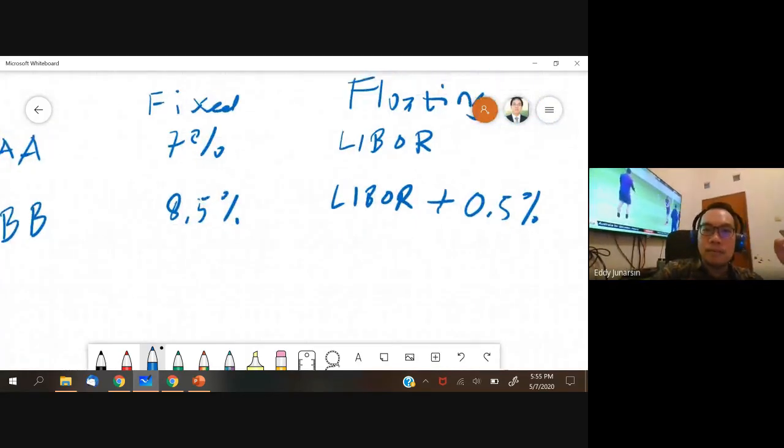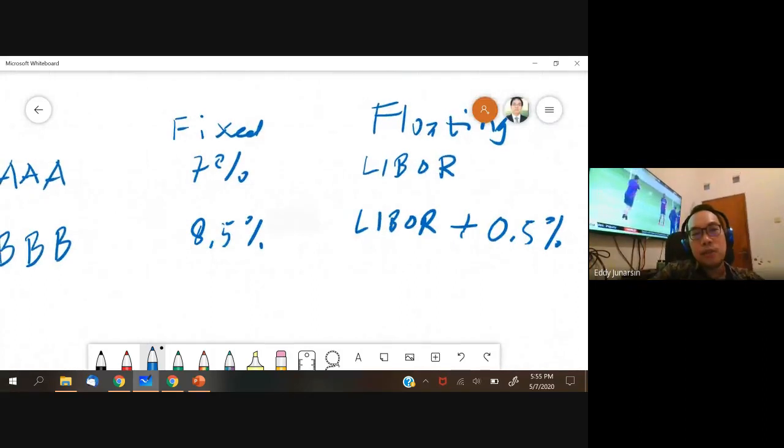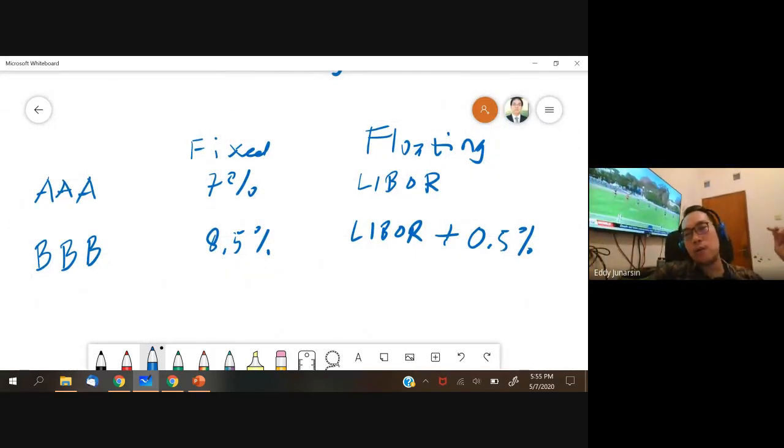Okay, so think about this, triple A and triple B. According to conventional wisdom, this would be very difficult for both firms to exchange anything, because the first firm has a triple A rating, whereas the second firm has a triple B rating.